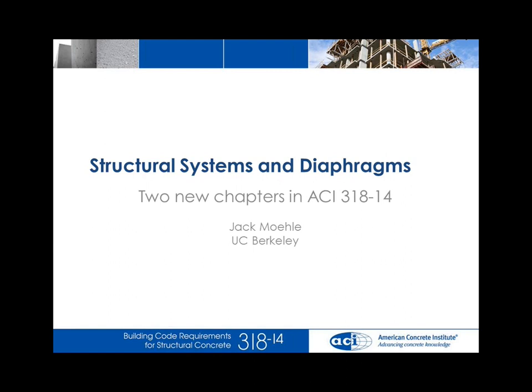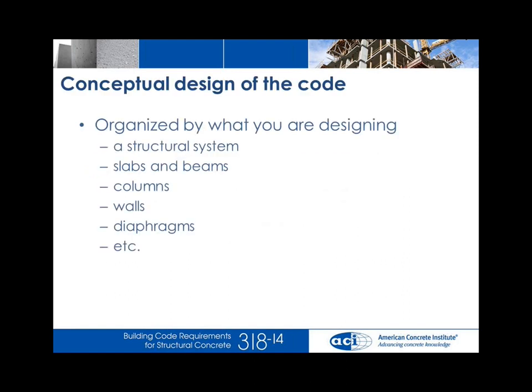I will be talking mainly about two new chapters that appear in the new code. These are a chapter on structural systems and diaphragms. To get a sense of where things go, I'd just like to remind you of the conceptual design of the code, which has been talked about before.